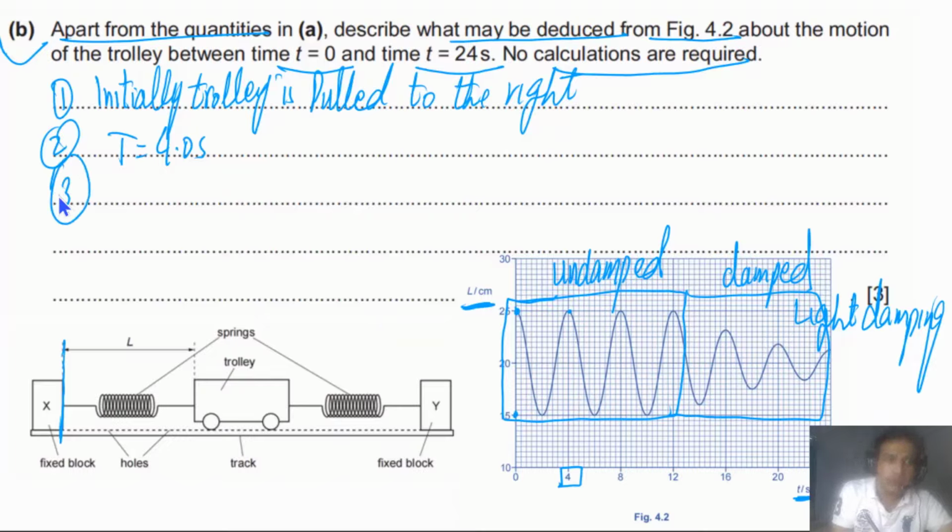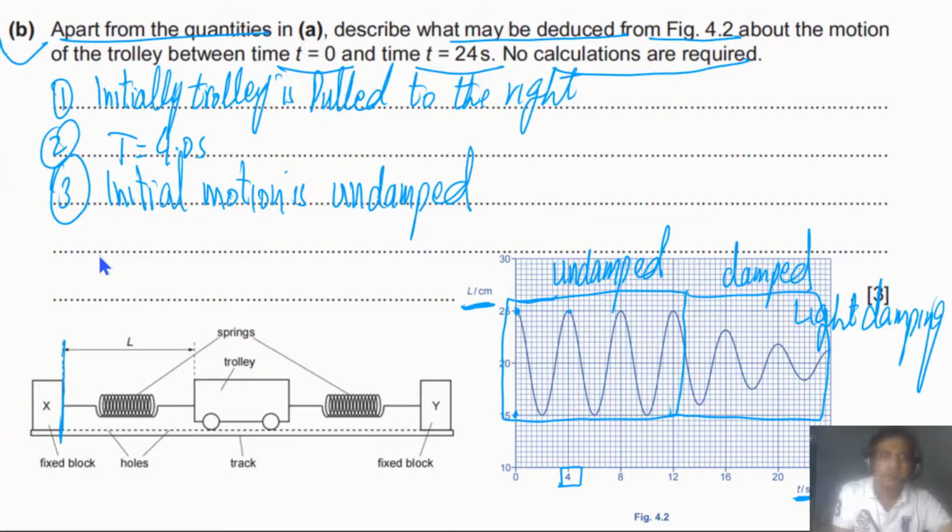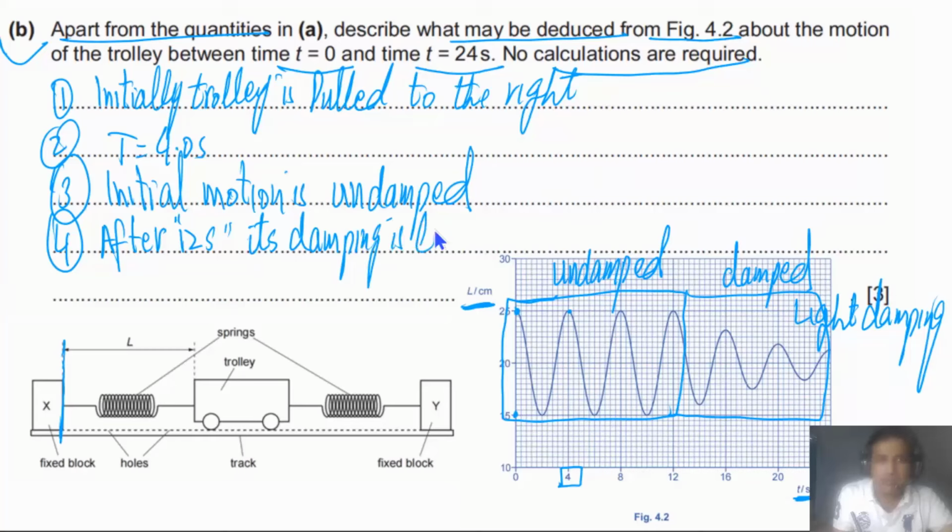So third point we can say initial motion is undamped, means this part. Initial motion is undamped. And the fourth point we can say it's light damping. We can say after 12 seconds its damping is light damping.